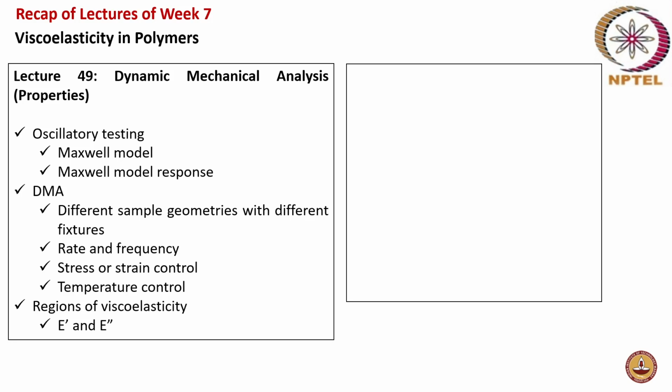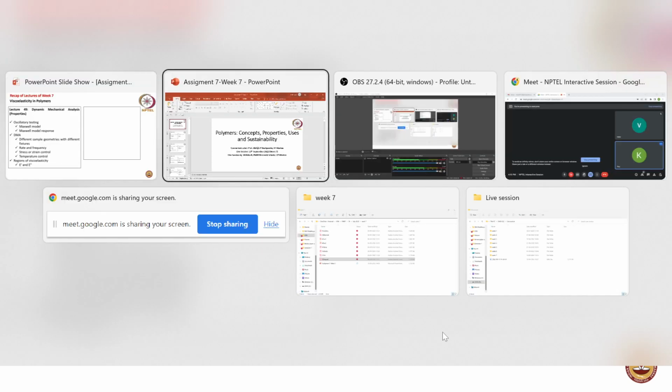And then in dynamic mechanical analysis, different sample geometries and fixtures, how it is rate and frequency dependent, and how it can be measured using stress and strain control, and temperature control, the range of temperature, and all was discussed. And then the regions of viscoelasticity, where E prime and E double prime vary, right?